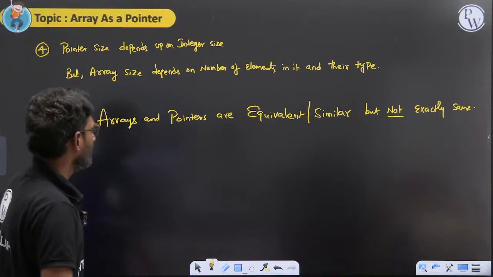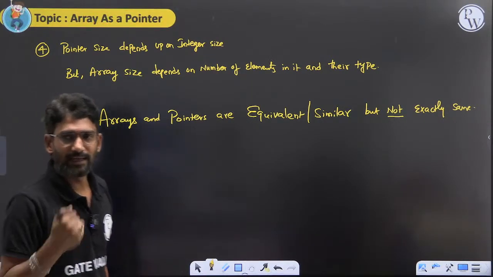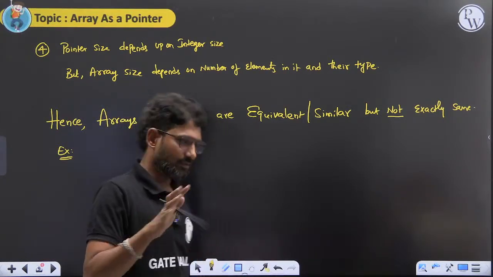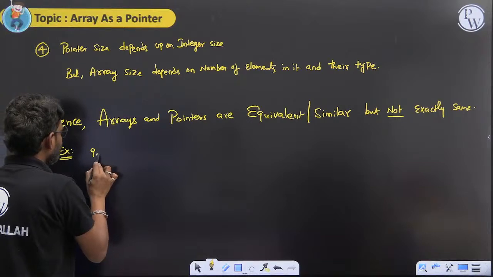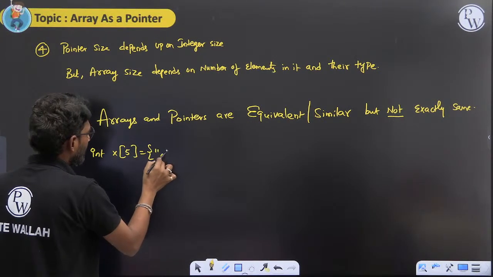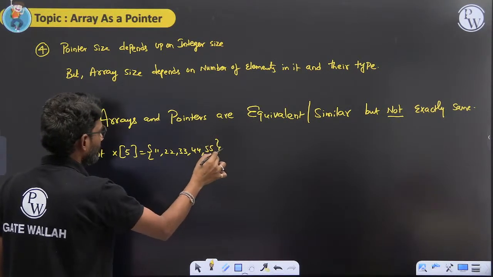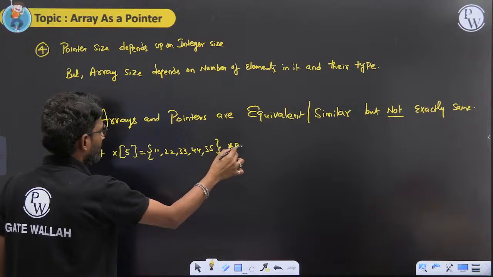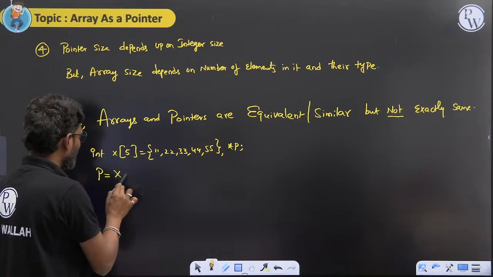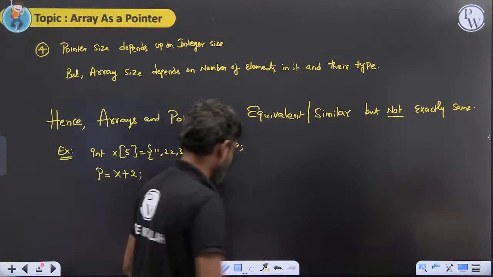I will give you one simple example. Why are they equivalent? Then why are we using the term equivalent, sir? Why not different? You see now. int x[5] = {11, 22, 33, 44, 55}, *p; assume p = x + 2.